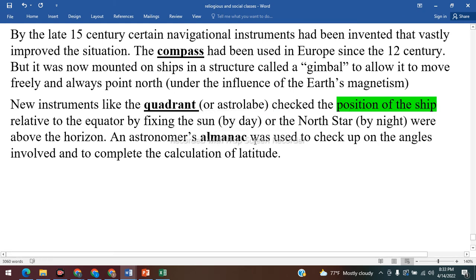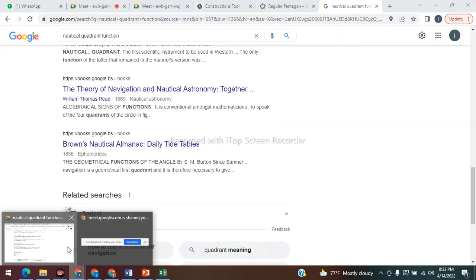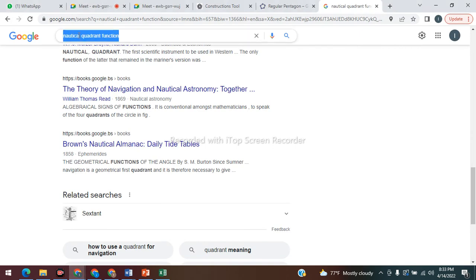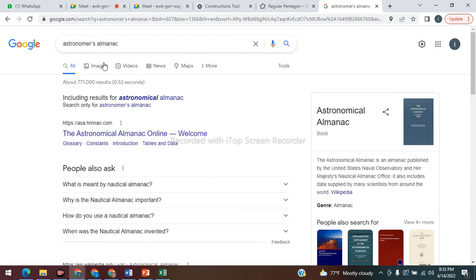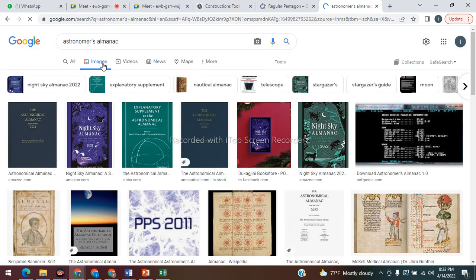All right. And I'm going to show you the astronomer's almanac. So it's basically a book that you could use as a reference when you're using this quadrant. It helps you to check on the angles to complete the calculation.